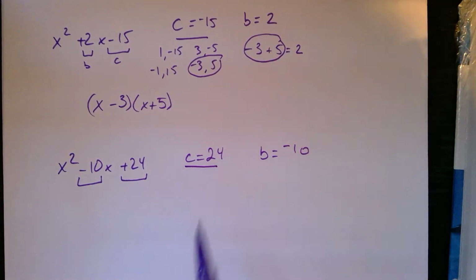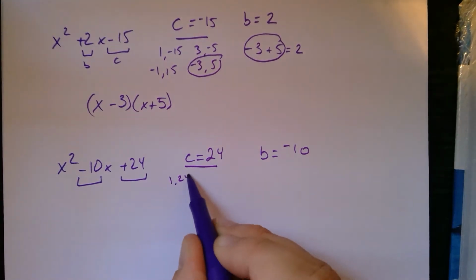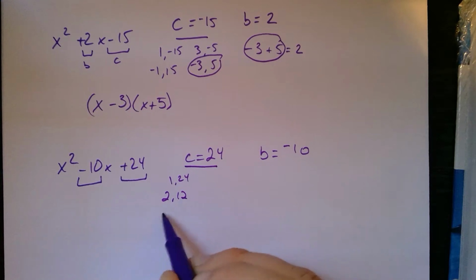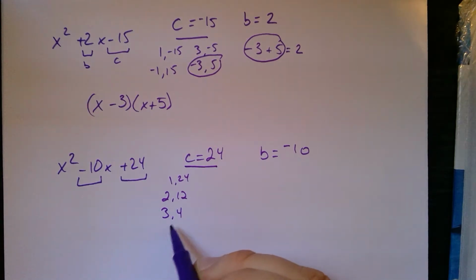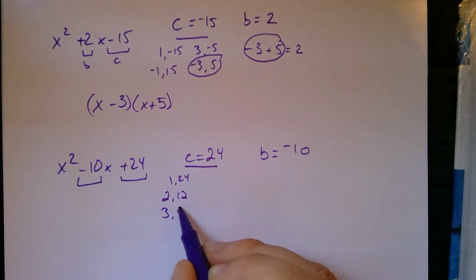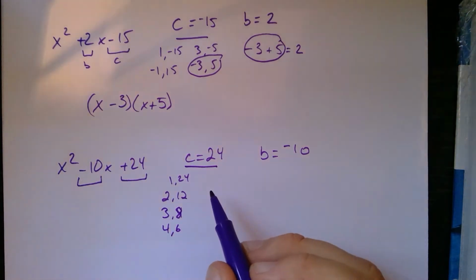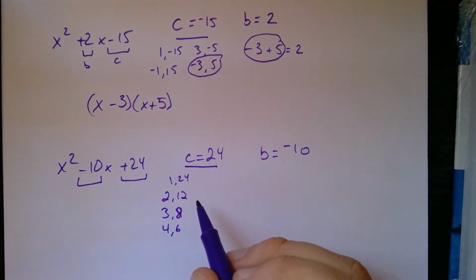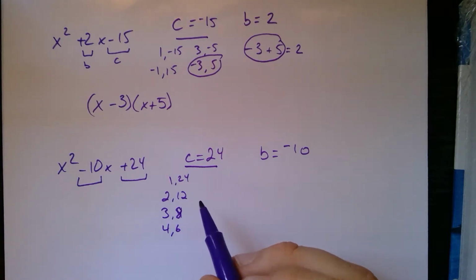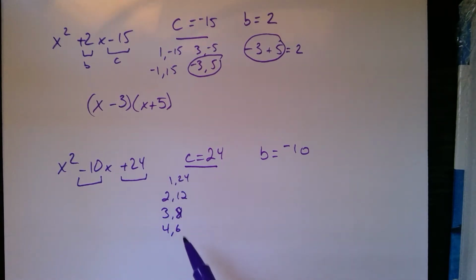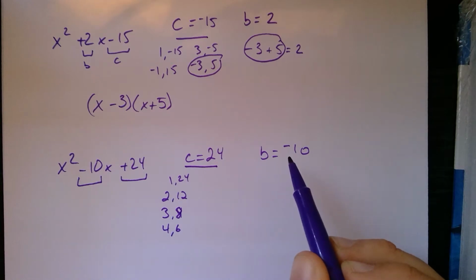We're going to find our factor pairs of c. That's our first step. So we have 1 and 24, 2 and 12, 3 and 8, and 4 and 6. Now, we also have to be careful to remember our negative factors, because all of these are going to add up to be positive numbers, but we need to add up to make negative 10.